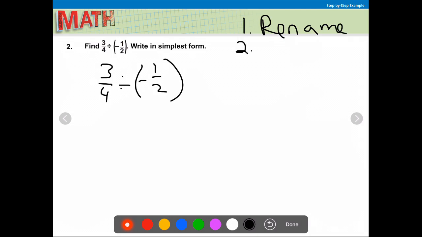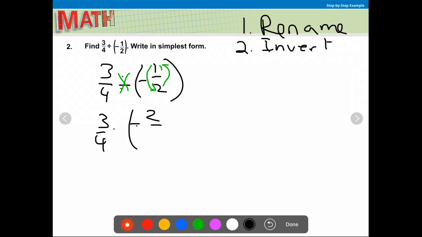I don't have to rename. Step 2, we're going to invert. So I'm going to take this 2, put it on the top, and put this 1 on the bottom, and then change the divide into a multiply. So what do I end up with? Then I end up with 3/4 times -2/1.